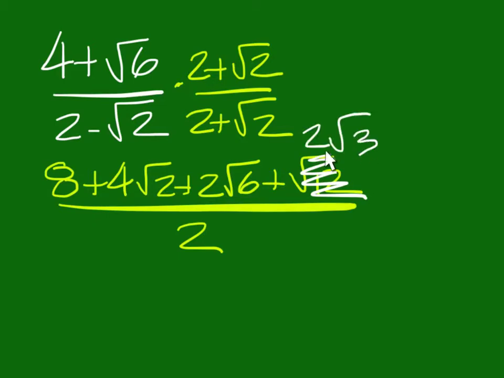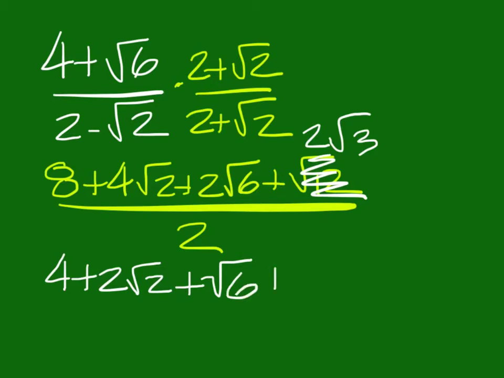So we have a square root of 3, 6, and 2. Those are all simplified, but we have 8, 4, 2, and 2, all over 2. Now that means we can cut them all in half and make it 4 plus 2 square root of 2 plus square root of 6 plus square root of 3.